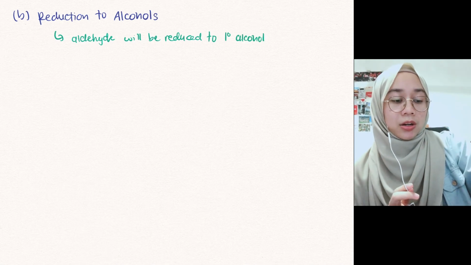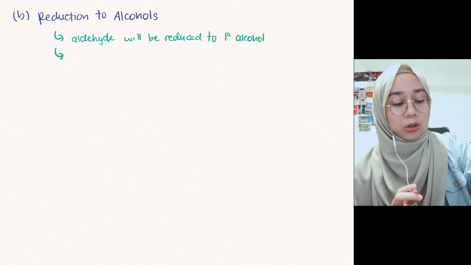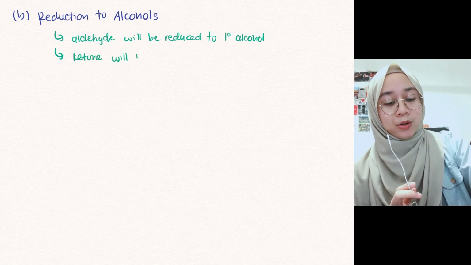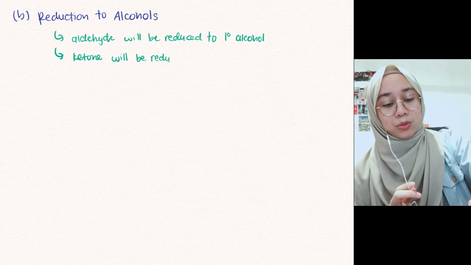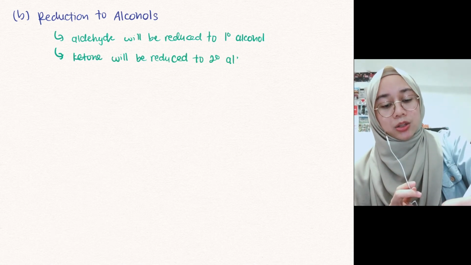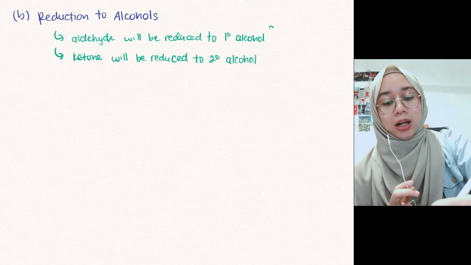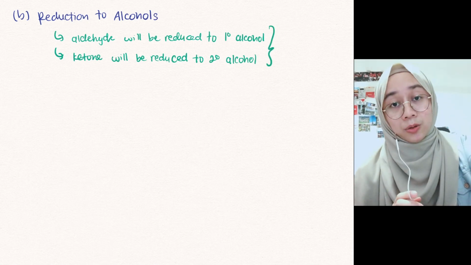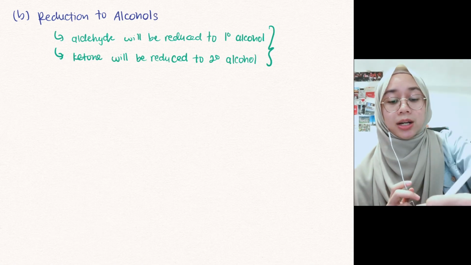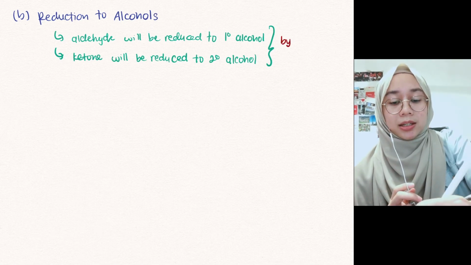Okay, so kalau untuk carbonyl, untuk keton pula, so kalau keton pula it will be reduced to secondary alcohol. Okay, so macam mana kita nak reduce ni? So kalau oxidation, kita guna oxidizing agent. So of course untuk yang ni pula kita akan guna reducing agent.